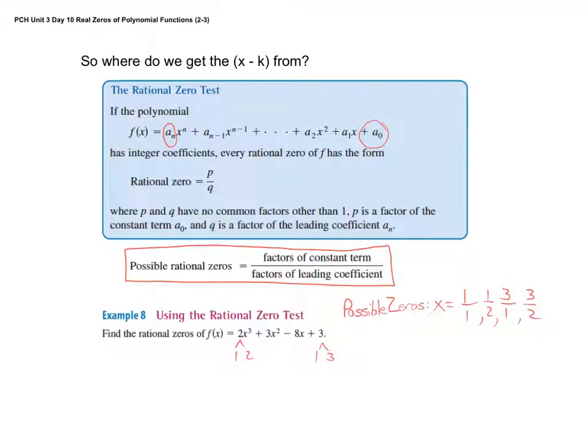So we could have 1 over 1, 1 over 2, 3 over 1, or 3 over 2.